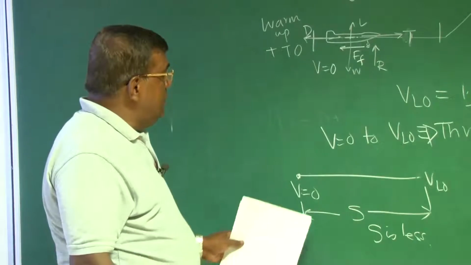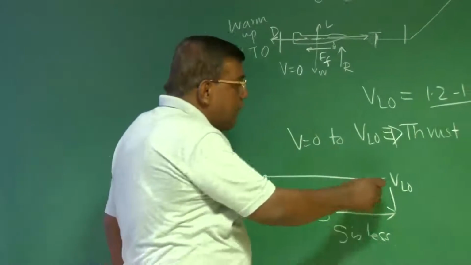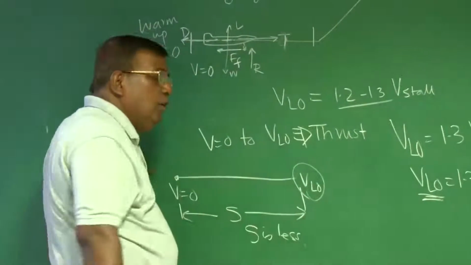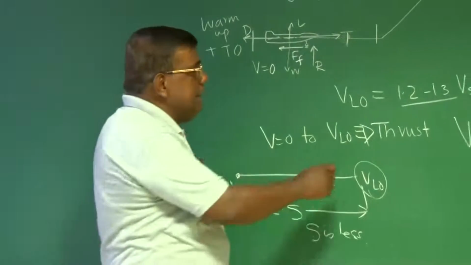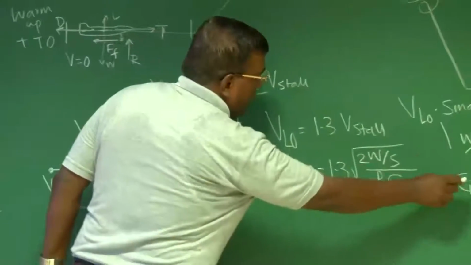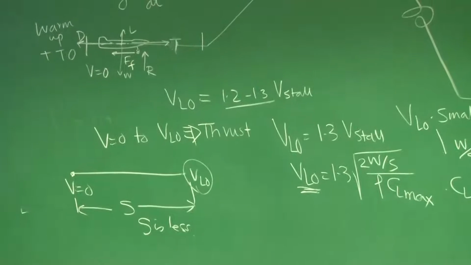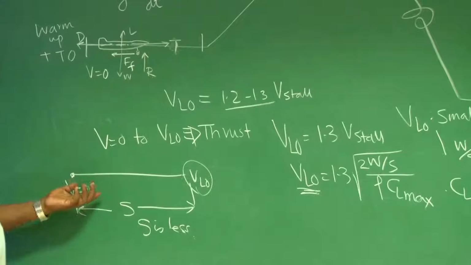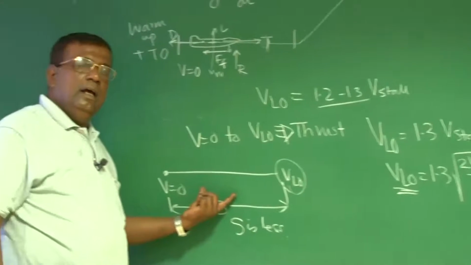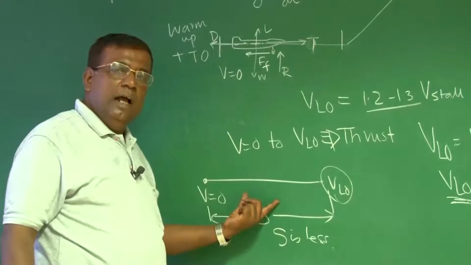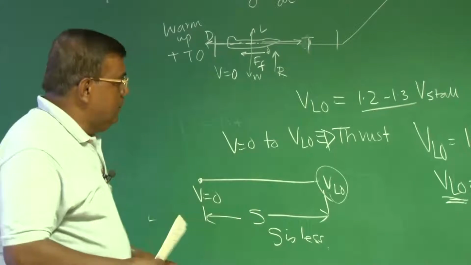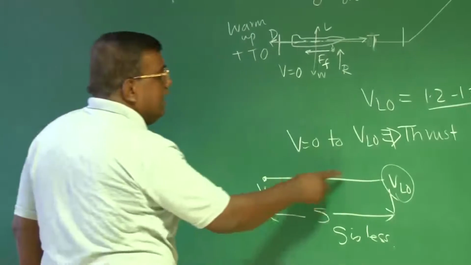The message is, one, you try to see that V liftoff is low. That is taken care of by W/S and CLmax. But once V liftoff is fixed, then I want this distance to be as low as possible. So it needs to have larger acceleration.